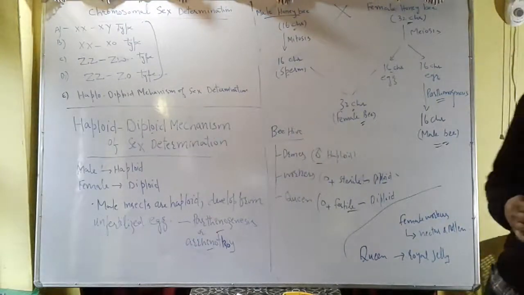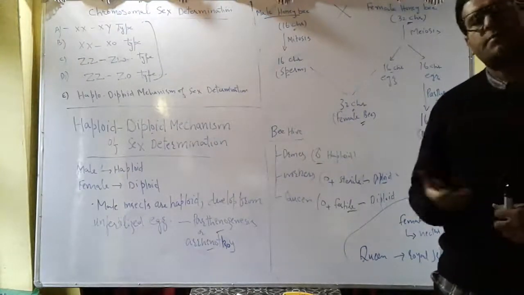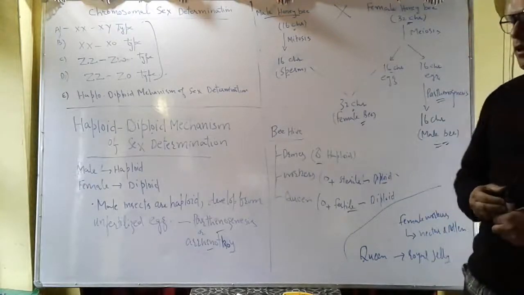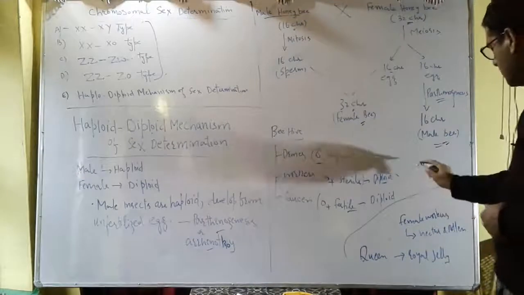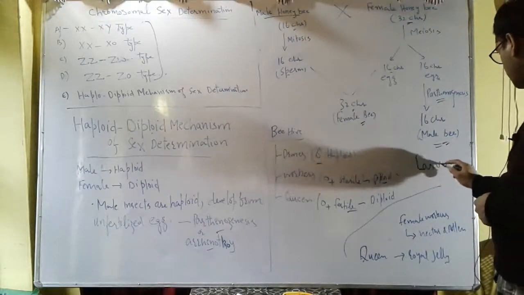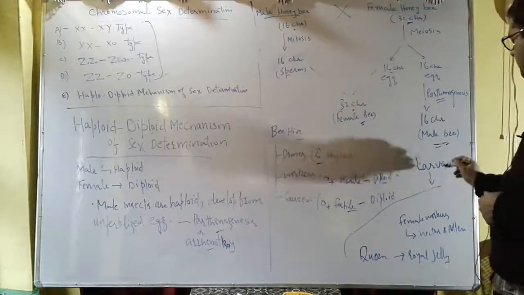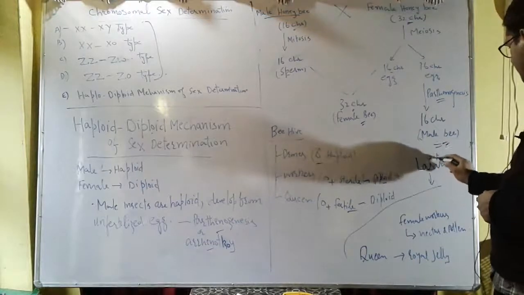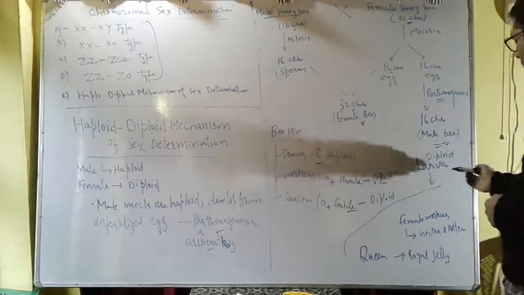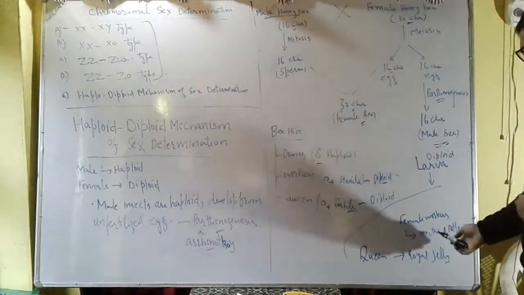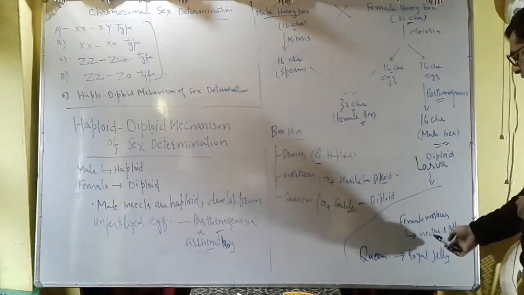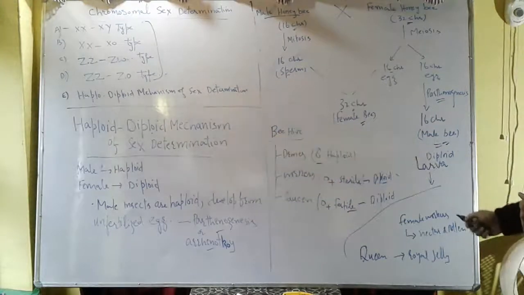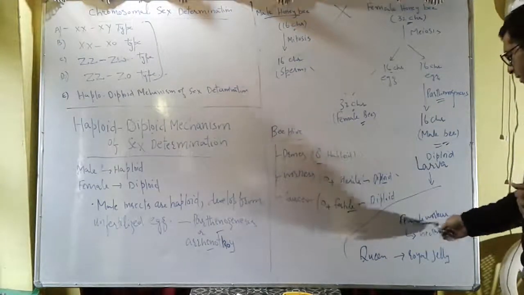It depends upon the environmental conditions, and the environment depends on the food that the larva gets. If the diploid larva is fed on nectar and pollens, then this larva will develop into the female workers.